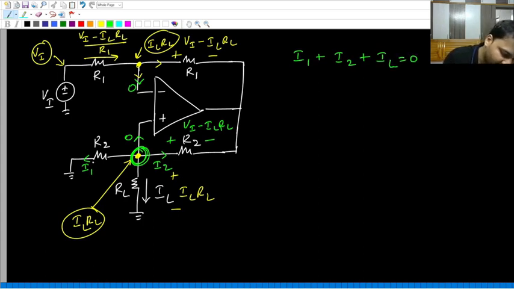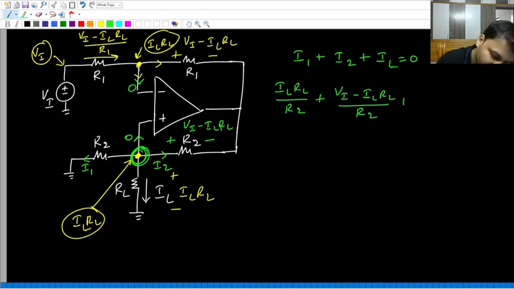Now what is I1? It is the current through R2 from this point to ground. By Ohm's law, IL RL minus 0 divided by R2. Plus I2, which is the drop across R2 divided by R2, that is Vi minus IL RL divided by R2. Then the third term is just IL, and the sum is 0 because we are writing KCL. The first term is IL RL by R2.